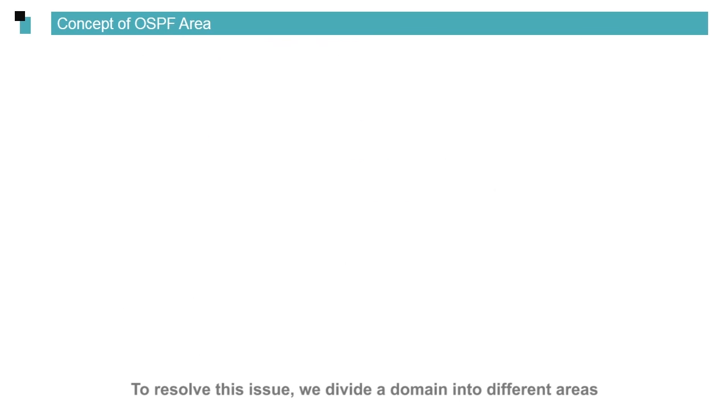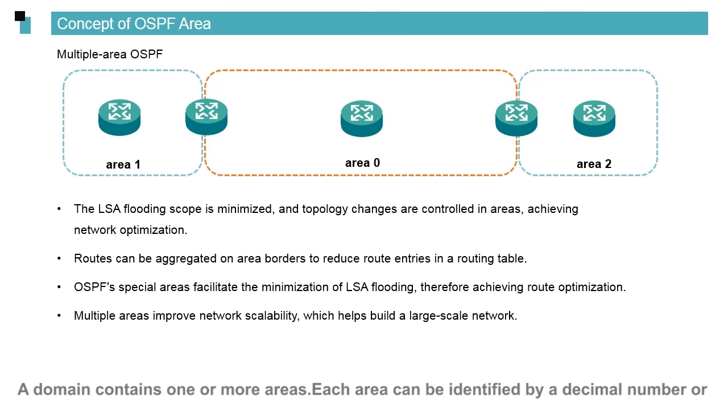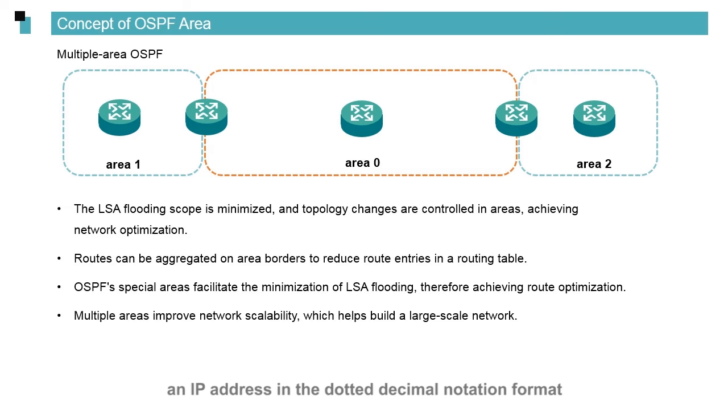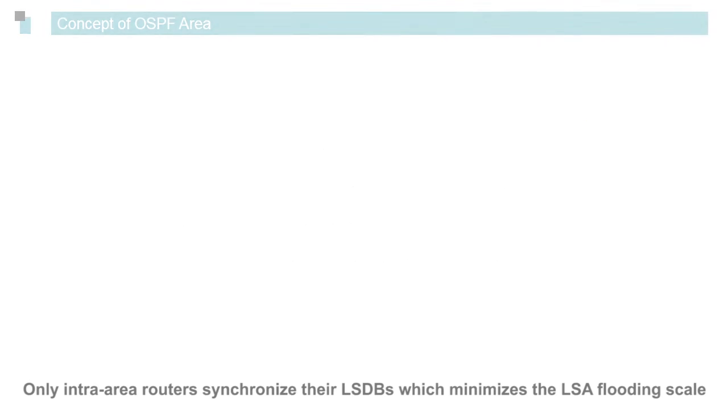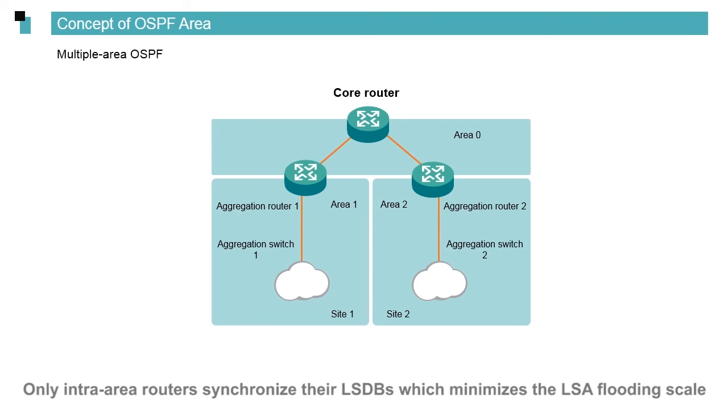To resolve this issue, we divide a domain into different areas. A domain contains one or more areas. Each area can be identified by a decimal number or an IP address in the dotted decimal notation format. Only intra-area routers synchronize their LSDBs, which minimizes the LSA flooding scale.